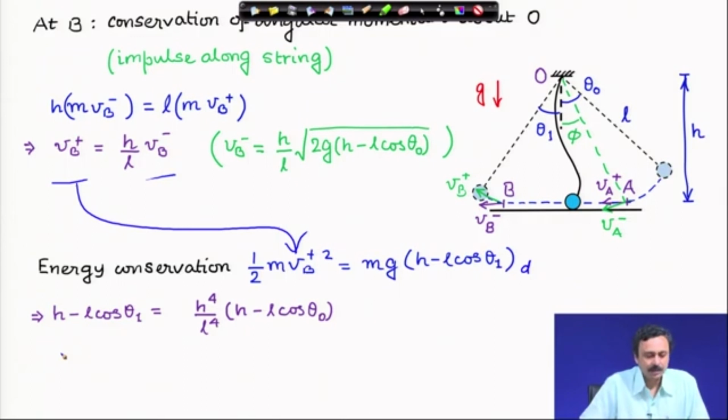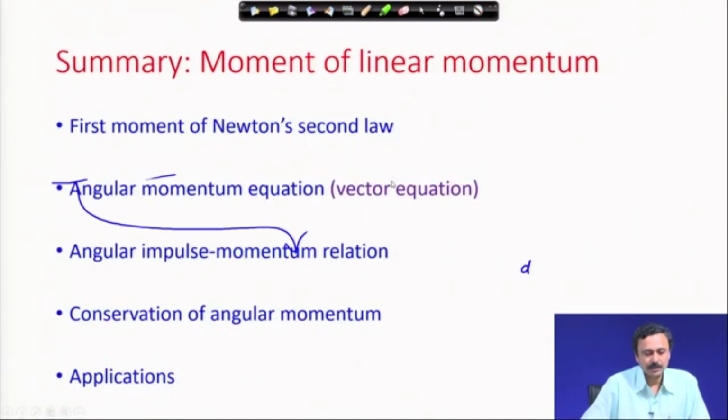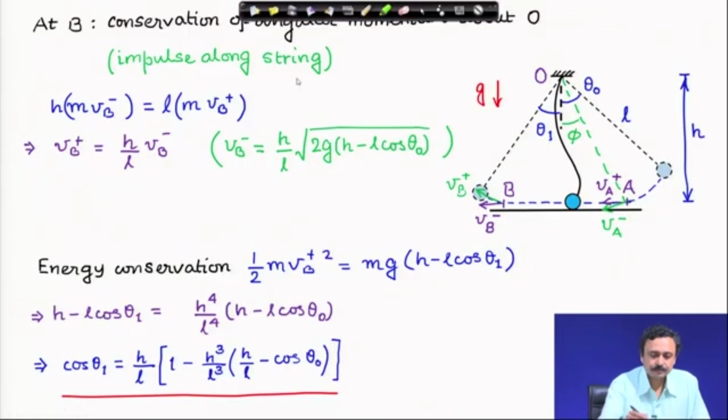This is straightforward algebra; you can do it and check how theta 1 is related to the other parameters. The cosine of theta 1 expression you can find out easily, in terms of h, L, theta naught, etc.